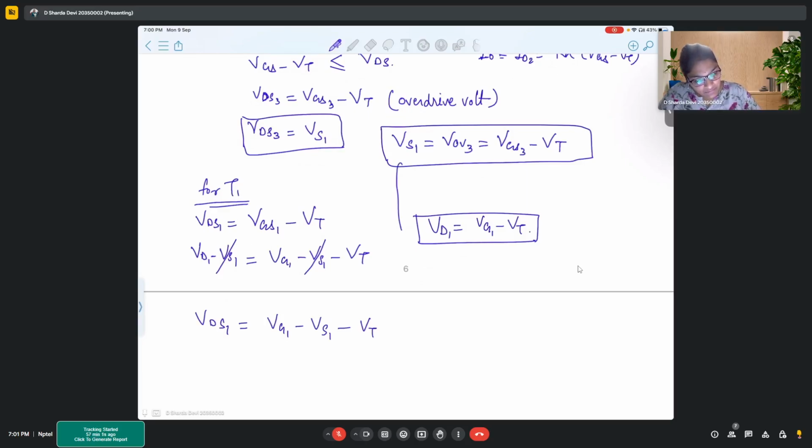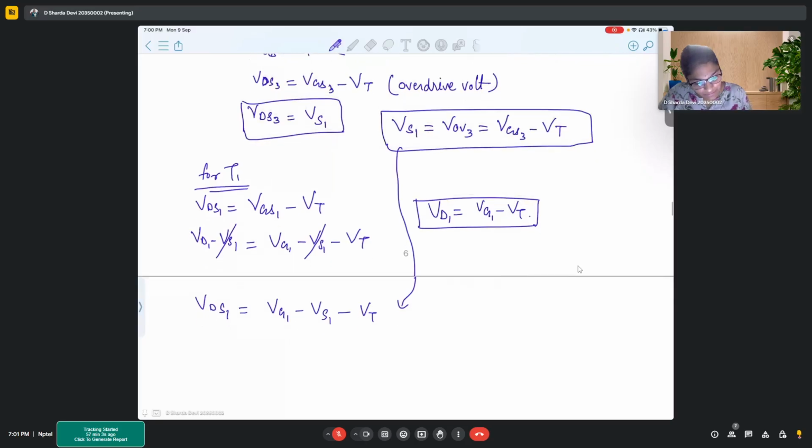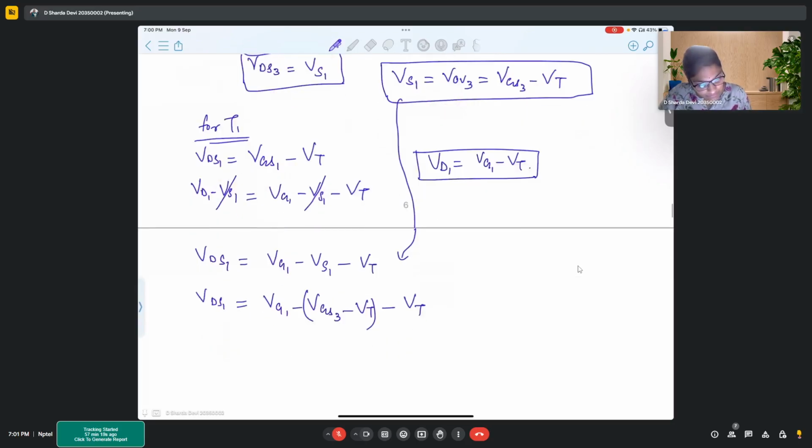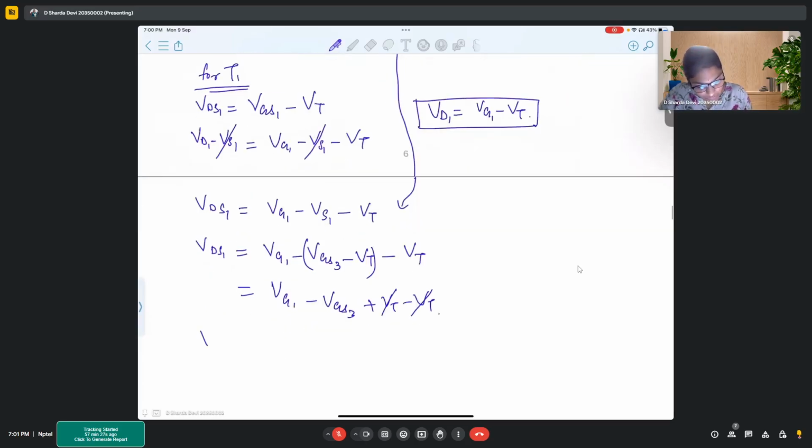We earlier found out this VS1, so let's substitute this here. So VDS1 is VG1 minus VGS3 minus VT. So that means VGS1 minus VGS3 plus VT minus VT. So VGS1 turns out to be VG1 minus VGS3.